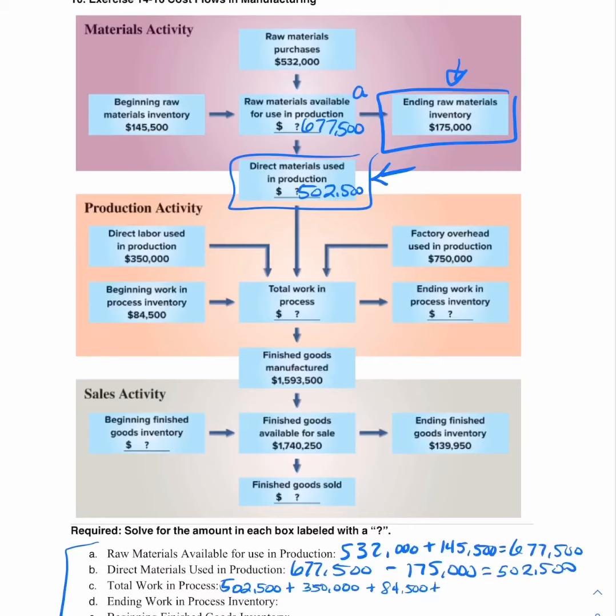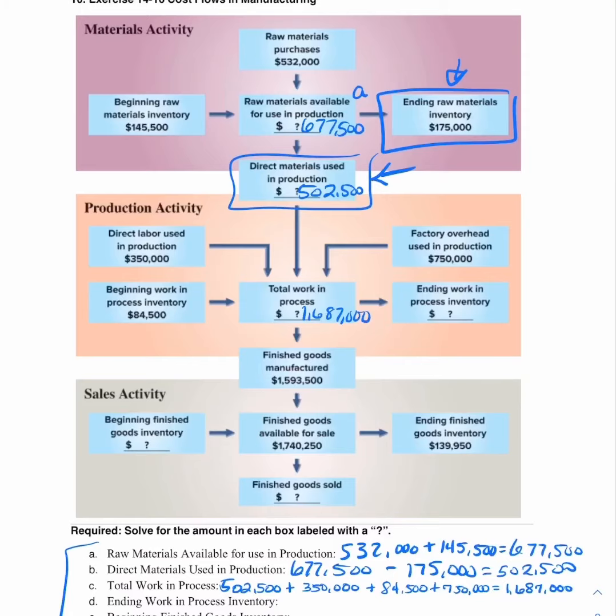I see 750,000. Now, when I take all three of those together, I'll come out to $1,687,000. So my total work in process then is my beginning work in process plus direct labor used in production plus direct materials plus factory overhead used in production.